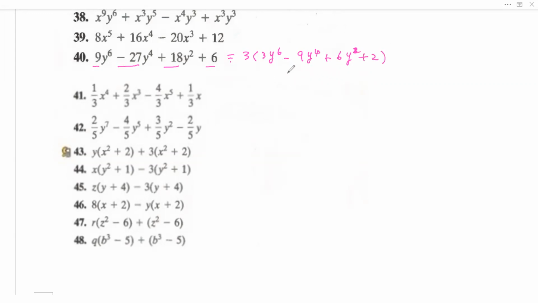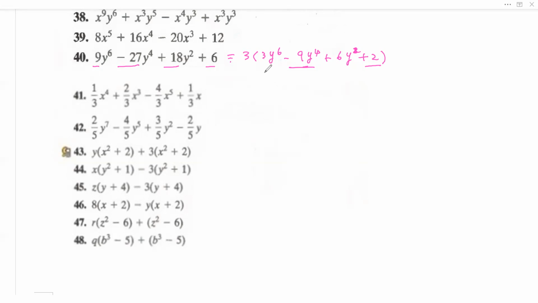Double check it. Looks like they don't have a common factor, right? Especially for this one and this one, the greatest common factor is 1. So there's nothing additional to take out. All right. Anyone have questions about this part? No. So we move on, right?